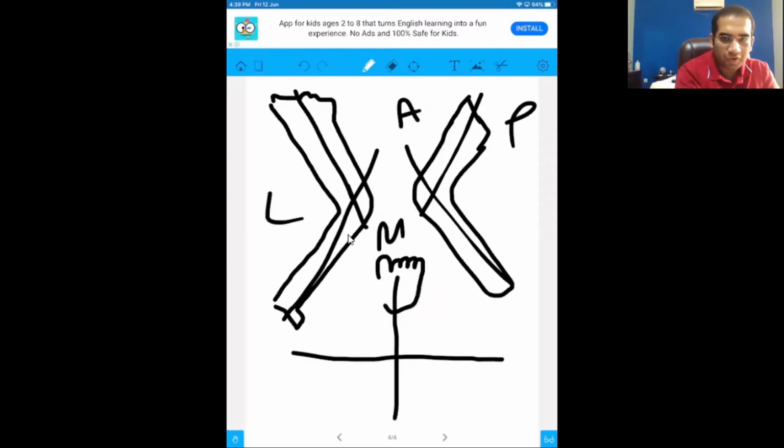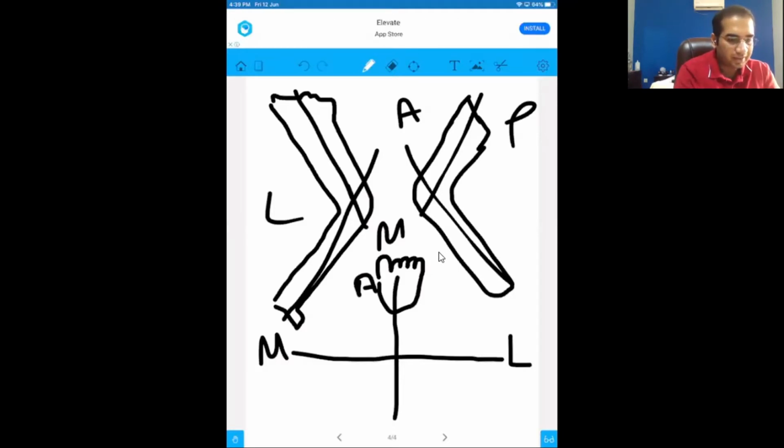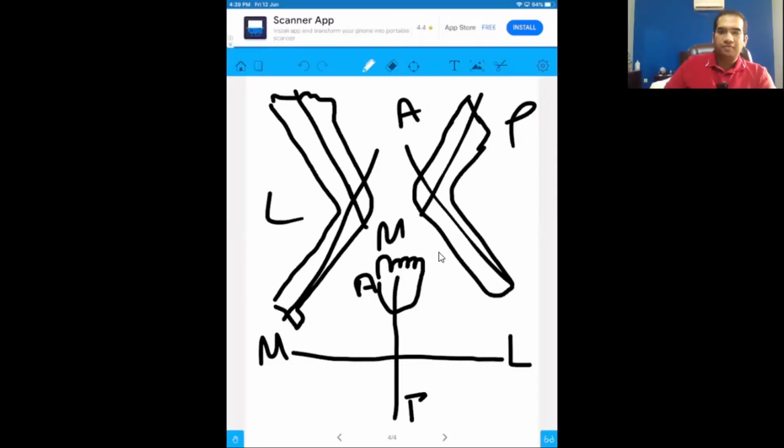This is the picture of the foot, and this is the big toe. The big toe means that this is the medial side and this is the lateral side, and since the toes are up, this is the anterior side and this is the posterior side. This is how I'm going to make a graph.